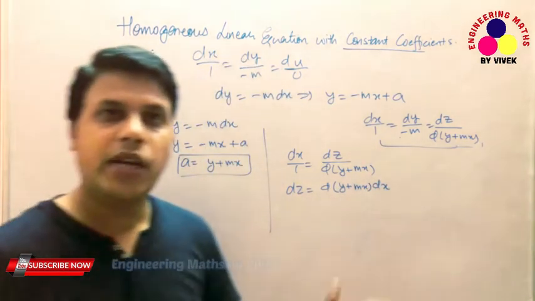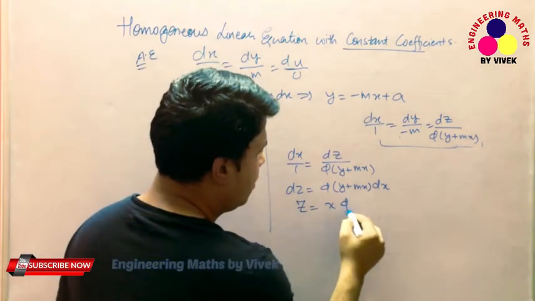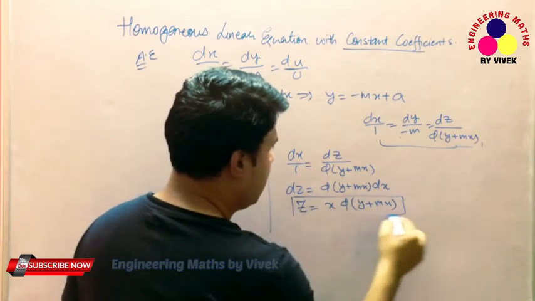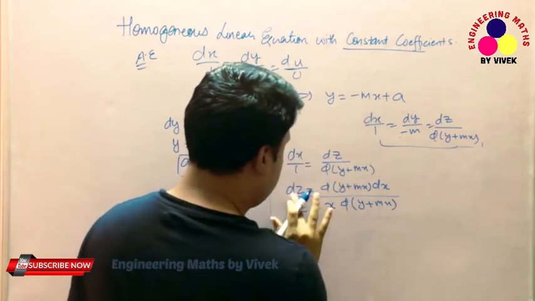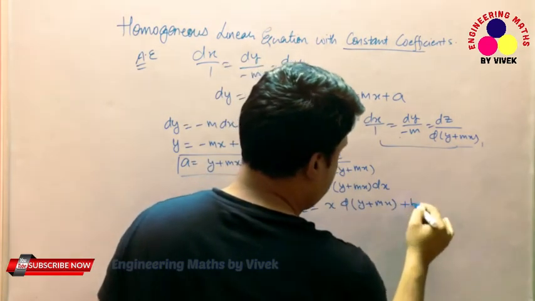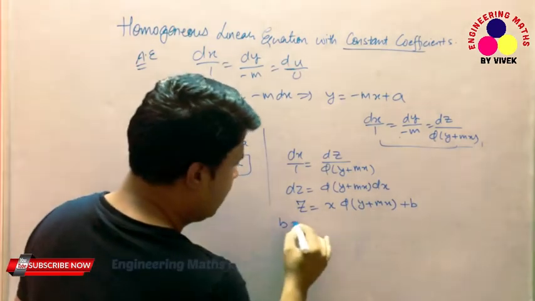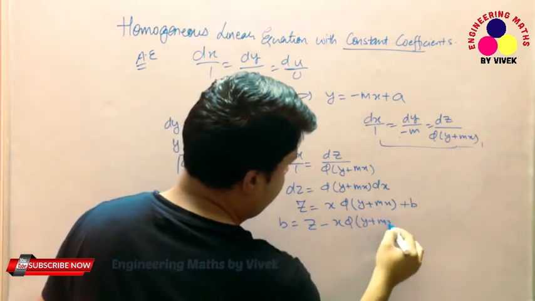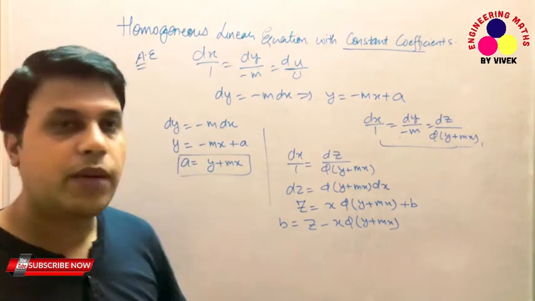Okay, now again we are going to integrate it, plus any constant b. So we got b equals z minus x of phi of y plus mx.